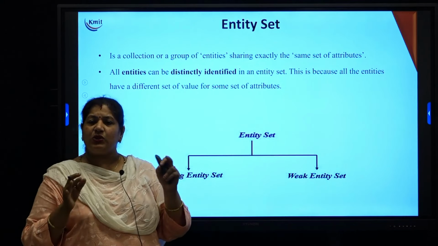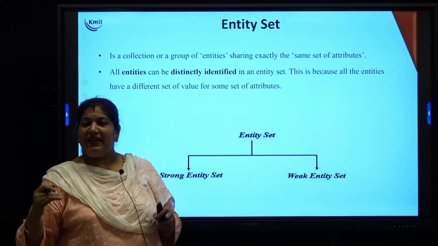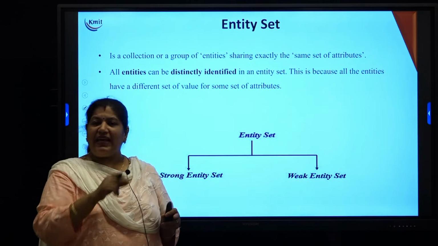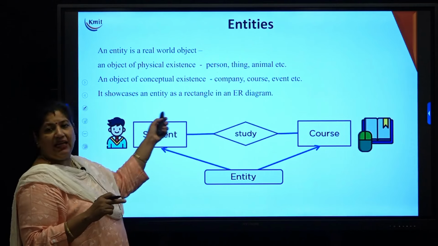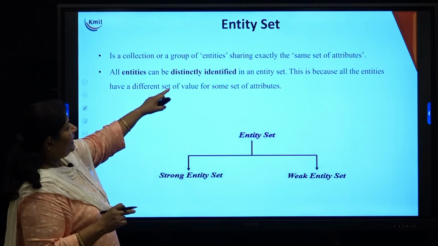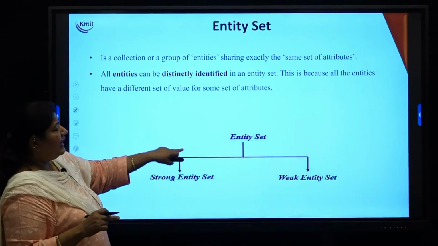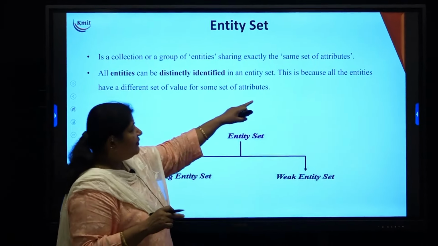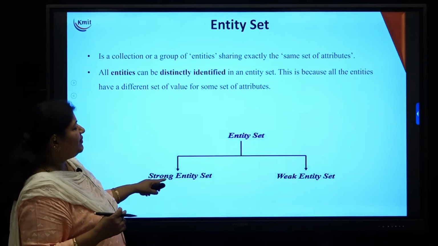Now, when I say student, multiple instances of students make an entity set. So, this is going to be an entity set here. Entities can be distinctly identified within an entity set, and they all have a different set of values for some set of attributes.